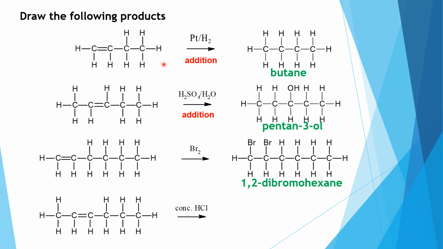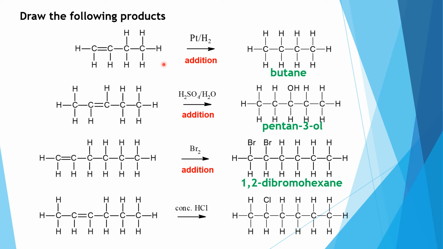It's concentrated when you do it, so you're never going to get it wrong for putting concentrated in front of it. An H is going to go one side and a Cl on the other. There you go. 1-chlorohexane. How many of those did you get right? Oh, sorry, forgot to say, it's an addition reaction as well, because they're alkenes. They undergo addition reactions. That is their thing. That's how you know.